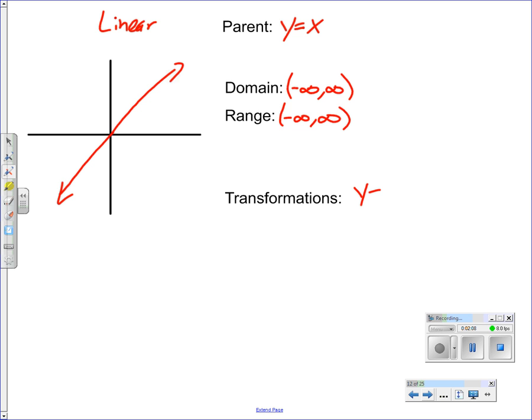Transformations on a linear function we always interpret as slope and y-intercept. So we can always work a linear equation out to this form, mx plus b. In this form, m, the coefficient on x, that's the slope. And b gives you the y-intercept.